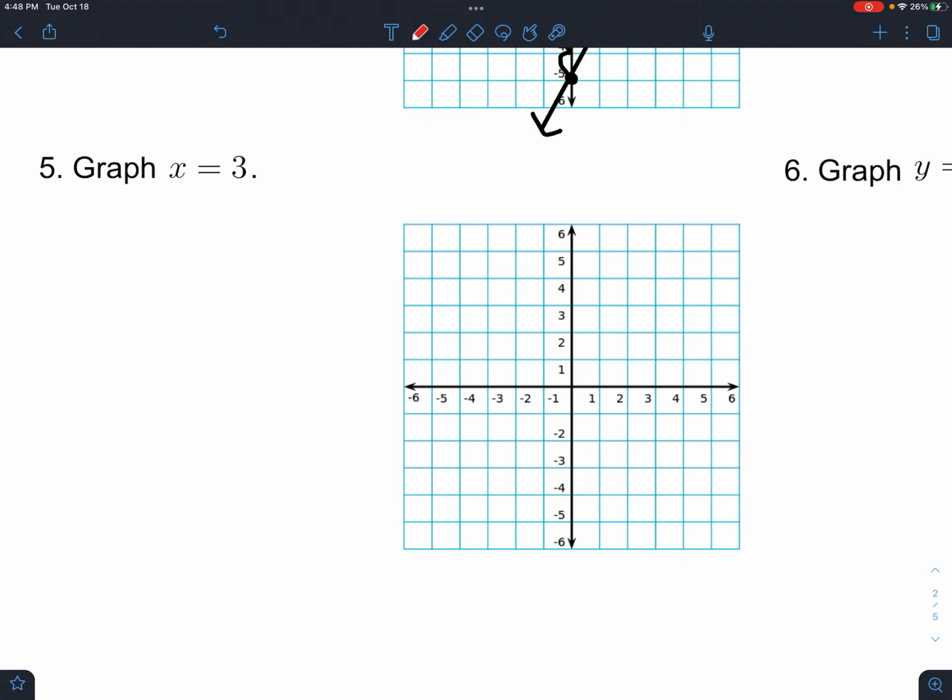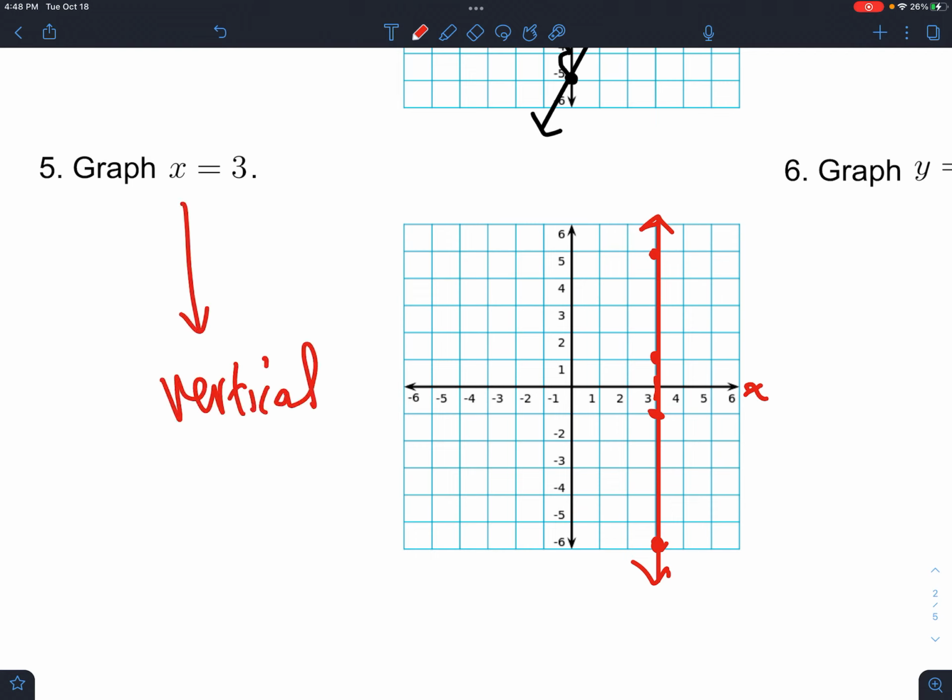Okay. And then as a reminder, x equals 3. What you could do is a line is a collection of points, and this equation is saying that x, which is this, is 3. You could just put a bunch of points that have an x value of 3, and the equation is this. Or I'm sorry, the graph is this. So this is vertical, and the slope does not exist.